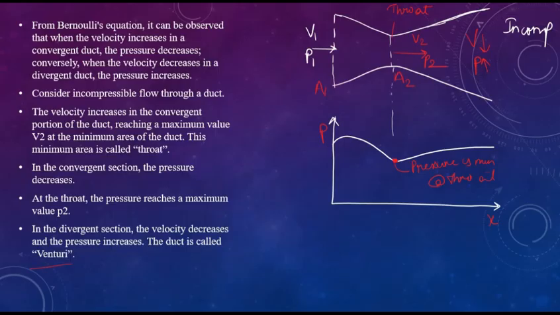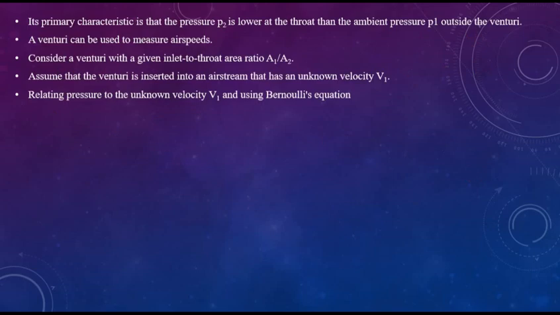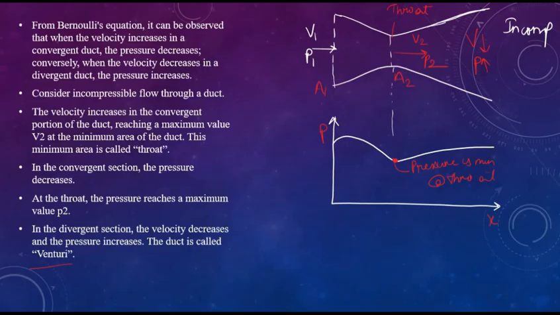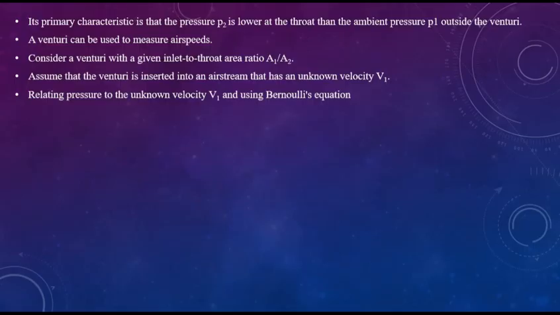Okay, now what is the primary characteristic? The primary characteristic is that the pressure is lower at the throat than the ambient pressure, that is P1, which is outside the venturi. So the pressure here is lower. It is the primary characteristic you observe in a venturi.